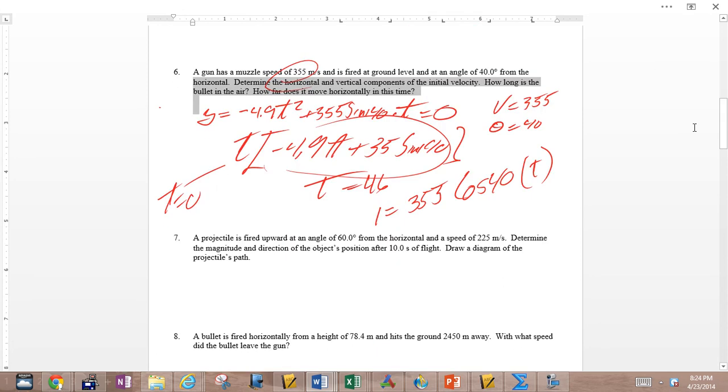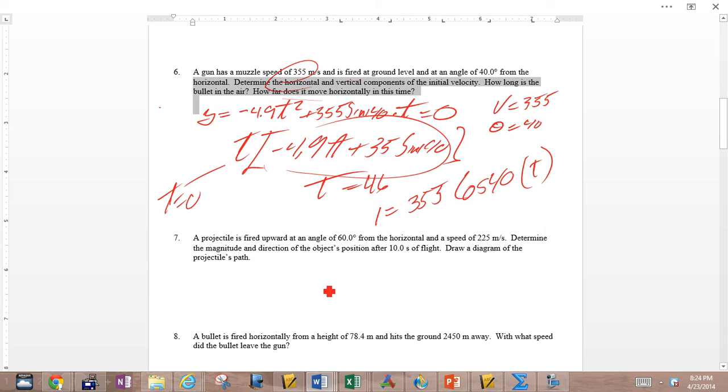This number 6 is almost the exact same problem. How far did it move horizontally? So the approach is very much the same. I can't find how far it's moved horizontally until I first find out how long it's in the air. I can find that by taking my equation y, setting it equal to 0, and solving for t. This is a much longer period of time.